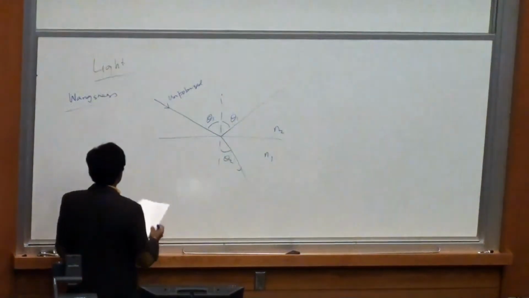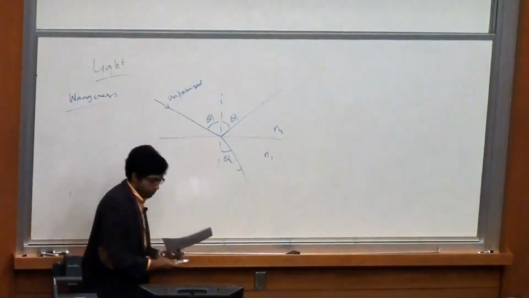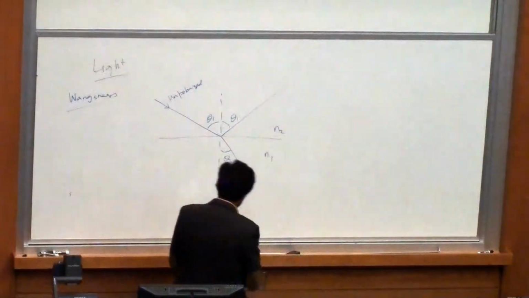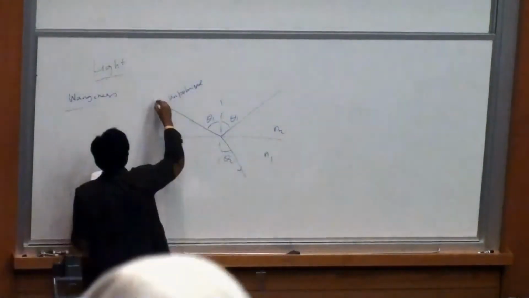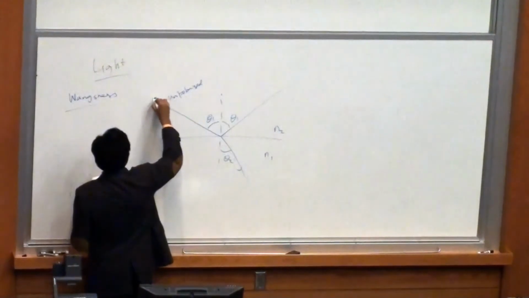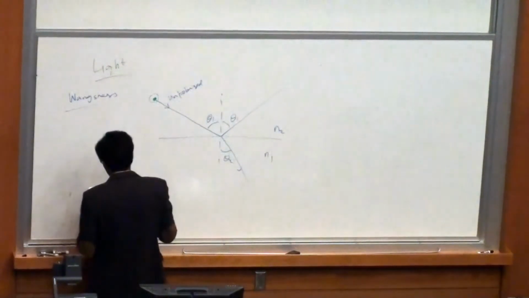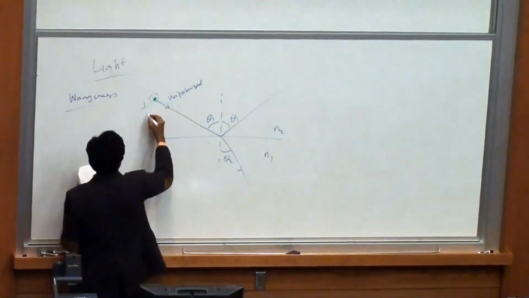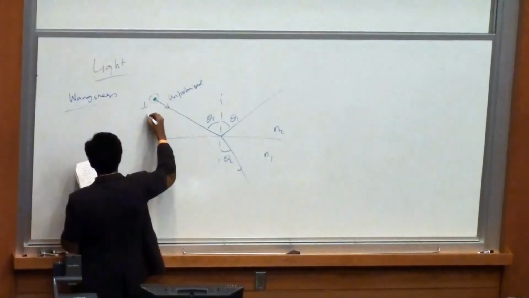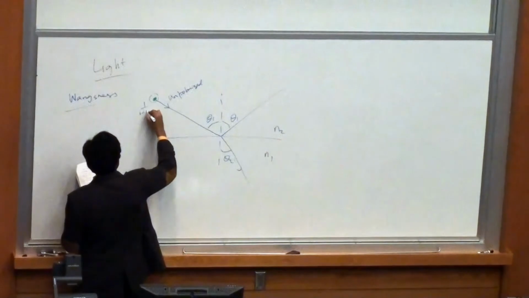At this particular point, if I have some photon, I have an E field coming out over here, and I also have an E field that's perpendicular to this. I'll call this my perpendicular incident.